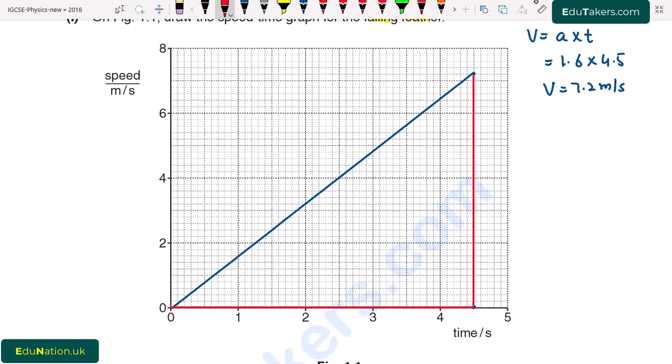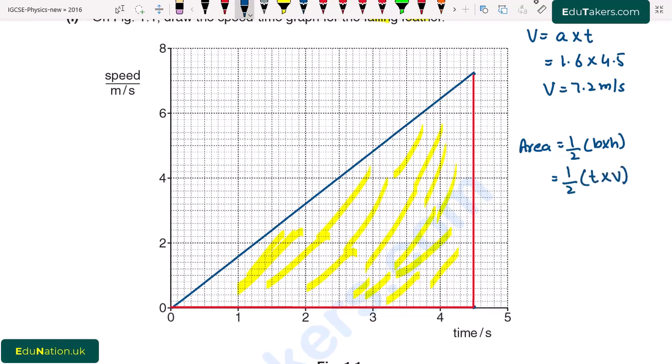We can see that it's a triangle and we have to find out the area of the triangle. So the area of a triangle is basically half base multiplied by height. On the speed time graph, base is time and height is speed. So I write here half time multiplied by speed. At this point, time is 4.5 seconds.